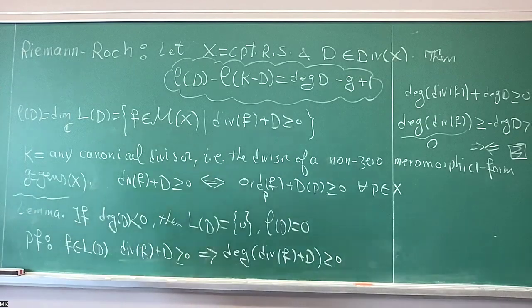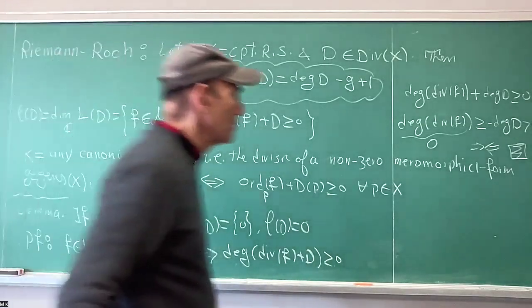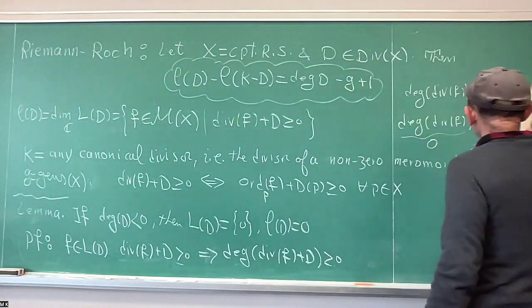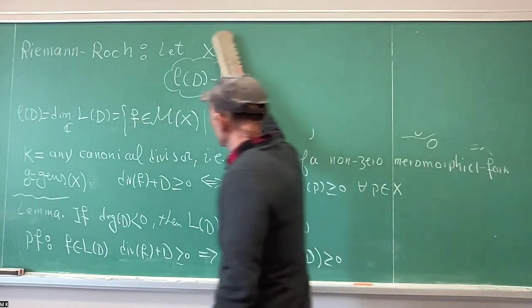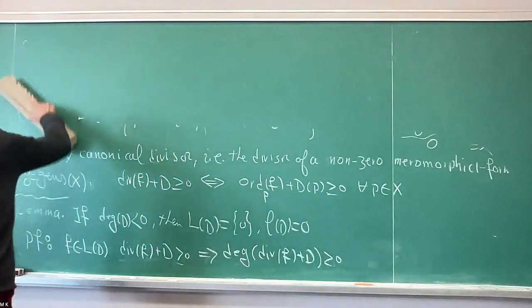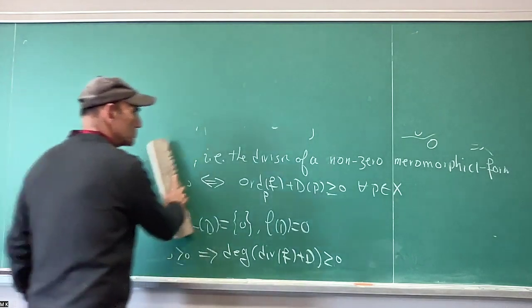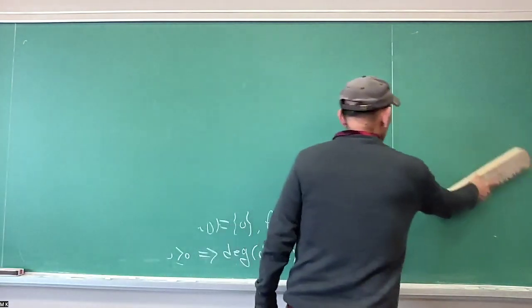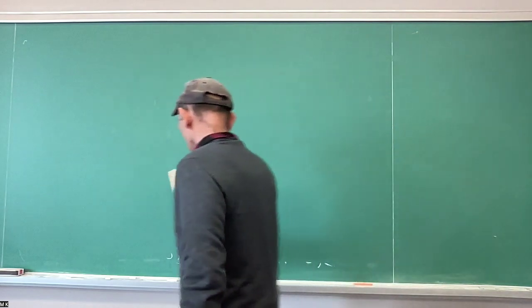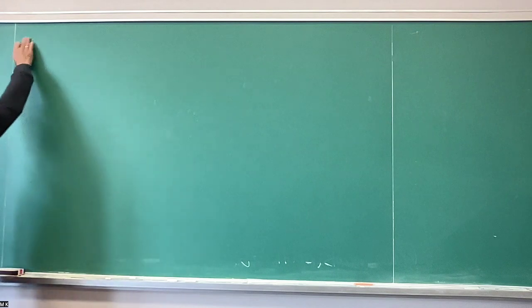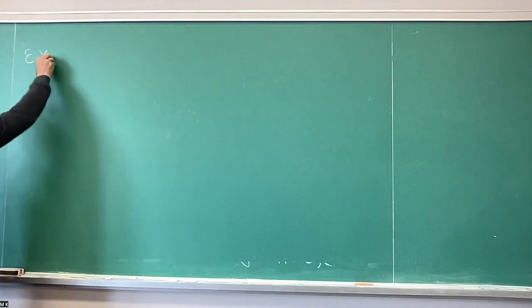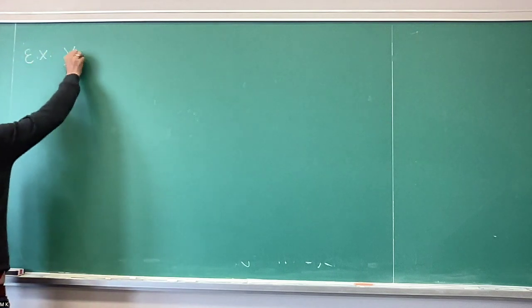Okay, so now let us look at an example. It's good to work with some examples. Unfortunately, the only example we can work out now is, again, our old friend C hat.